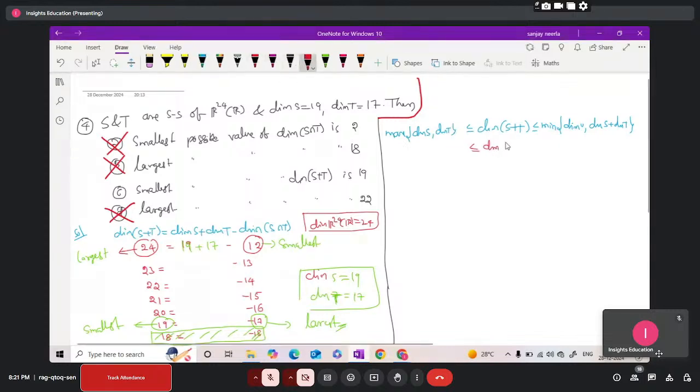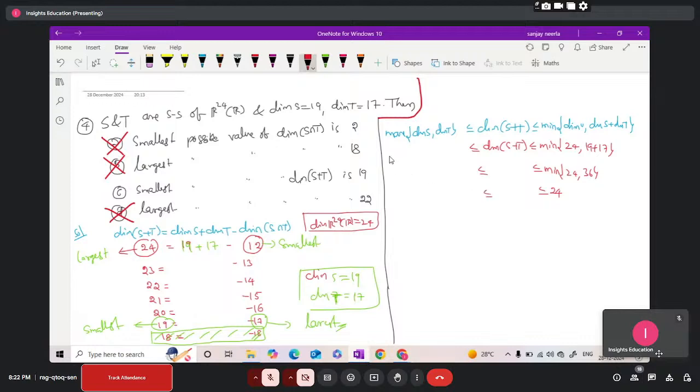The dimension of S plus T is less than or equal to the minimum of 24 and 19 plus 17. So the minimum of 24 and 36 is 24.